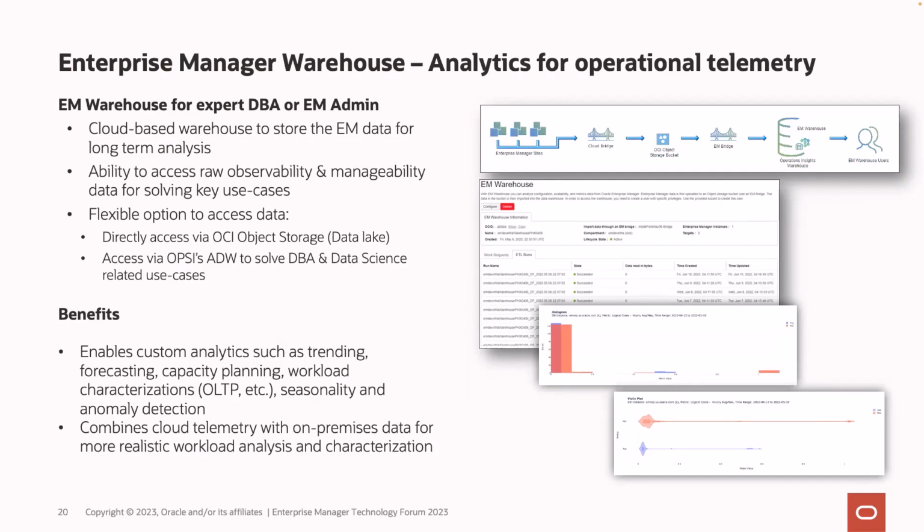Once the data is in the warehouse, users can utilize sample out-of-the-box Jupyter notebooks running on OCI Data Science service provided for Exadata capacity planning. In terms of benefits, Enterprise Manager Warehouse enables custom analytics such as trending, forecasting, capacity planning, workload characterization, seasonality, and anomaly detection.